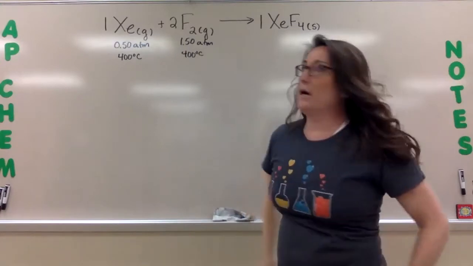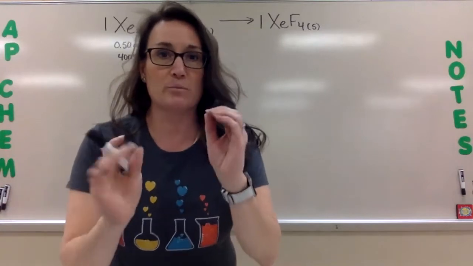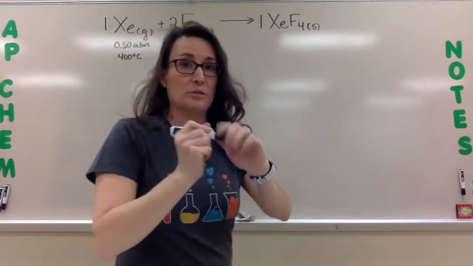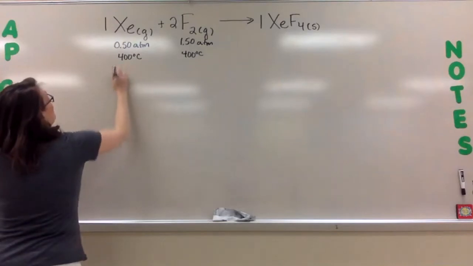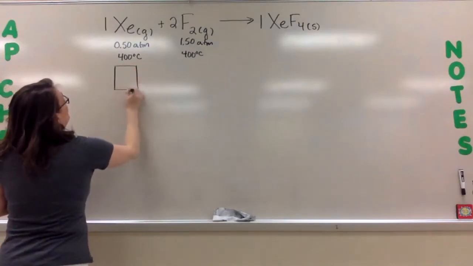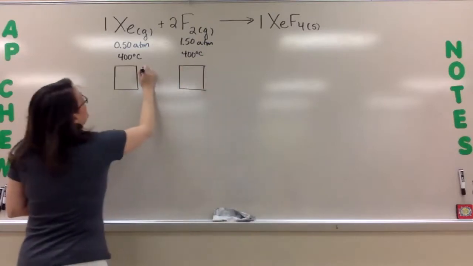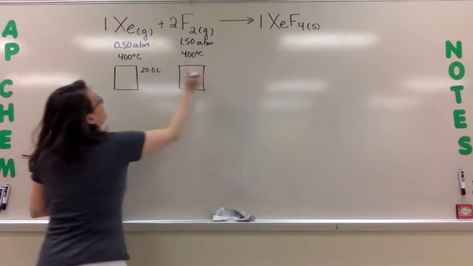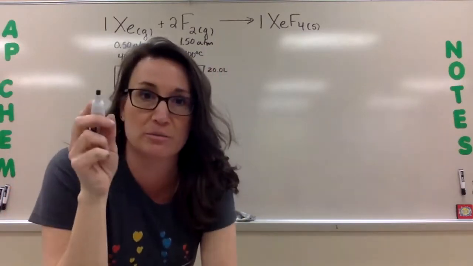So students in chemistry can struggle with gases and pressures. If you want to keep it super simple, because this is limiting excess, we basically want to say, if I have a container, and these are going into the same size container, okay? So I'm going to put the volume here. I think I said 20 liters. So this is really the same container, but I'm going to show you something different.